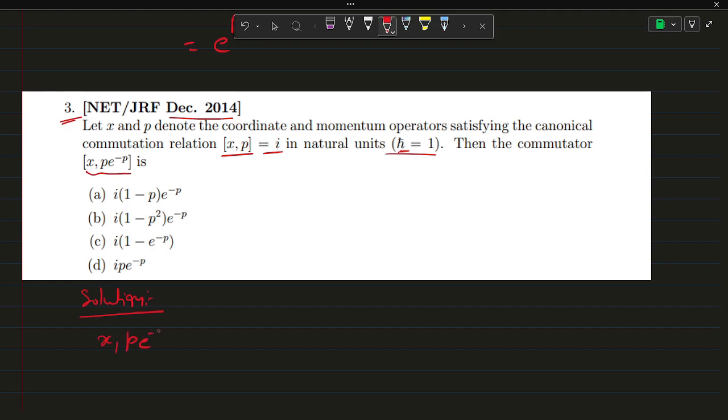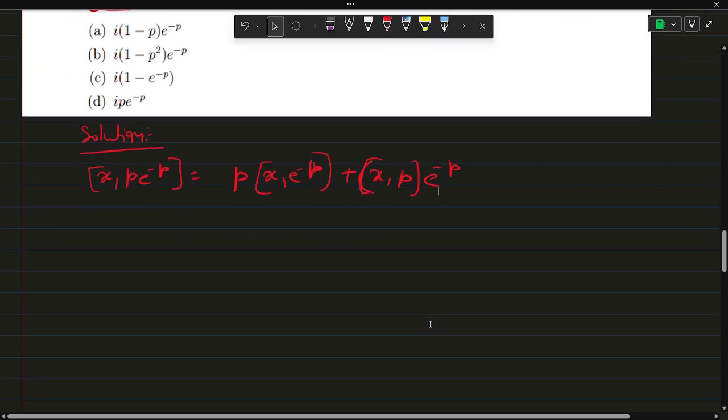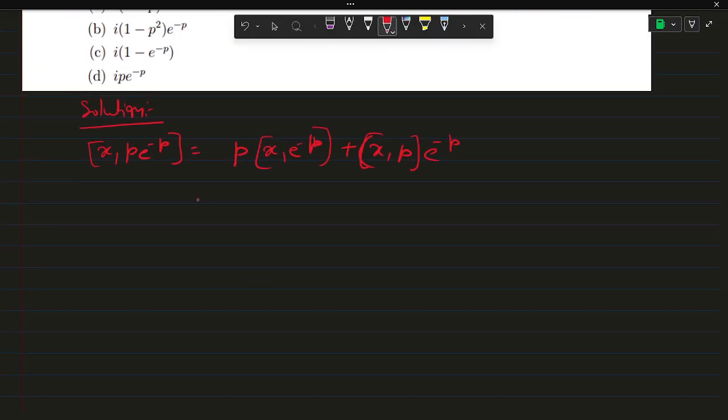x p e to the power minus p can be written as p x e to the power minus p plus x p e to the power minus p. So this term xp is I, already given in the question.